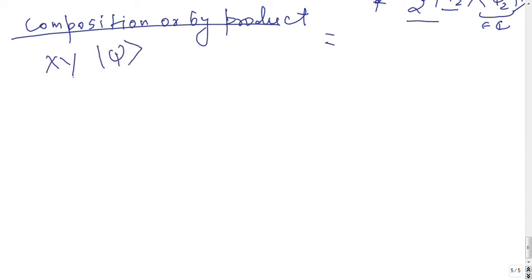That is, we first apply the y operator on this vector and then the x operator, which will now be more clear if we write it like this. So this is how we form complex operators from simpler linear operators.